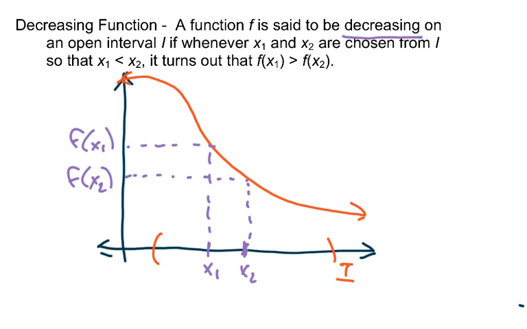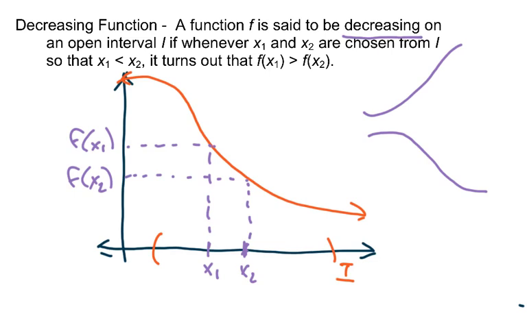So that's what's meant by decreasing. Now, a graph can be increasing, and we've seen what that looks like. As you move from left to right, the values of f of x are going up. Or it can be decreasing. As you move from left to right, the values of f of x are going down.